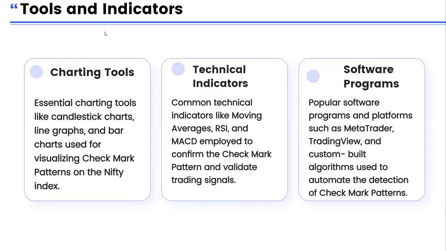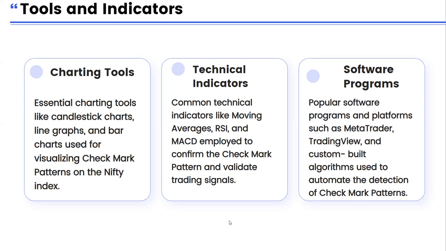What are the tools and indicators involved? You get charting tools, like candlestick charts. You can use line graphs and bar charts. Sometimes I use high-low close area charts also, visualizing checkmark patterns on the Nifty.